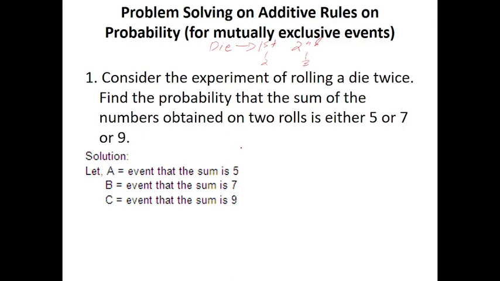Now, question. Yung mga event ba na A, B, and C, are they mutually exclusive? How can we determine if they are mutually exclusive? Can they occur at the same time? Definitely not.